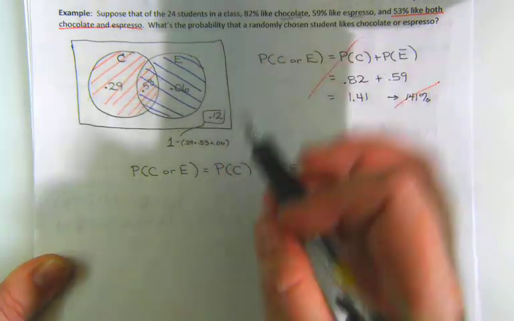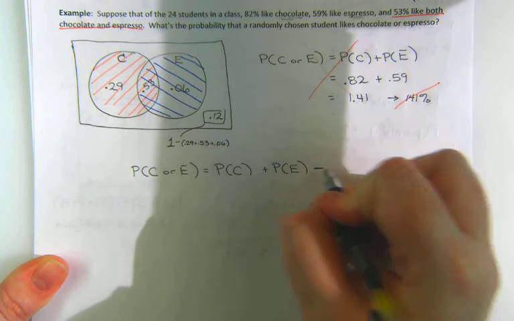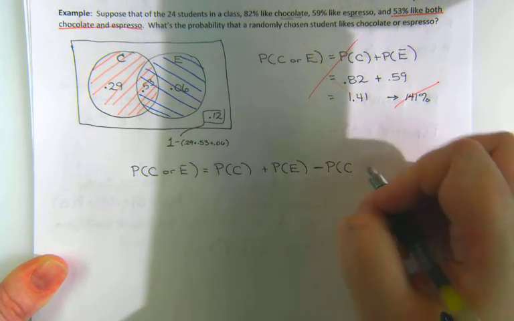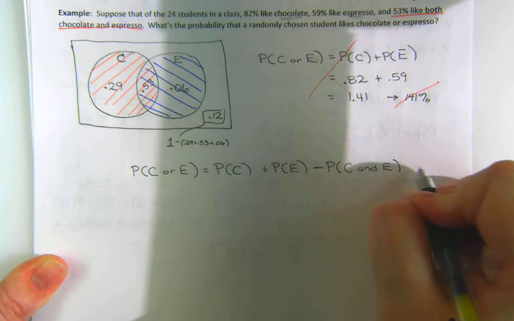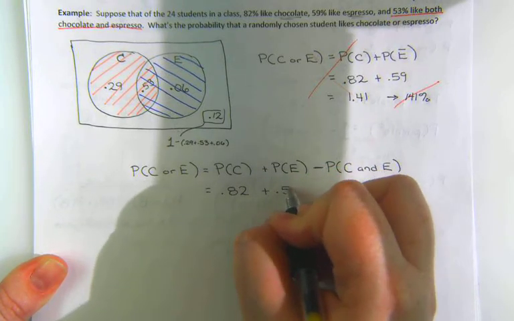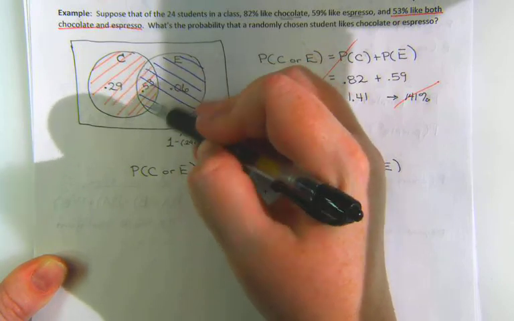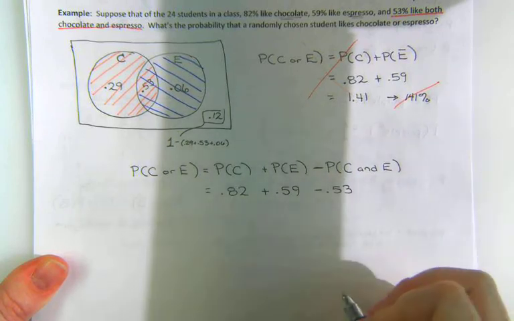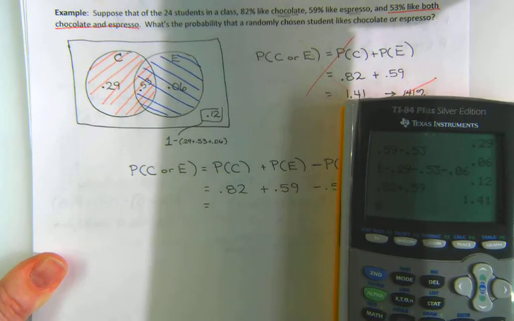So we take that whole 82% there. And then we add on the probability of liking espresso, which is the idea of adding together all of this. And where things went wrong is our overlap. What we can see is we've counted this twice, and we only want to count it once. So by just adding the values together, because there's the overlap of them being non-disjoint, we counted too much.